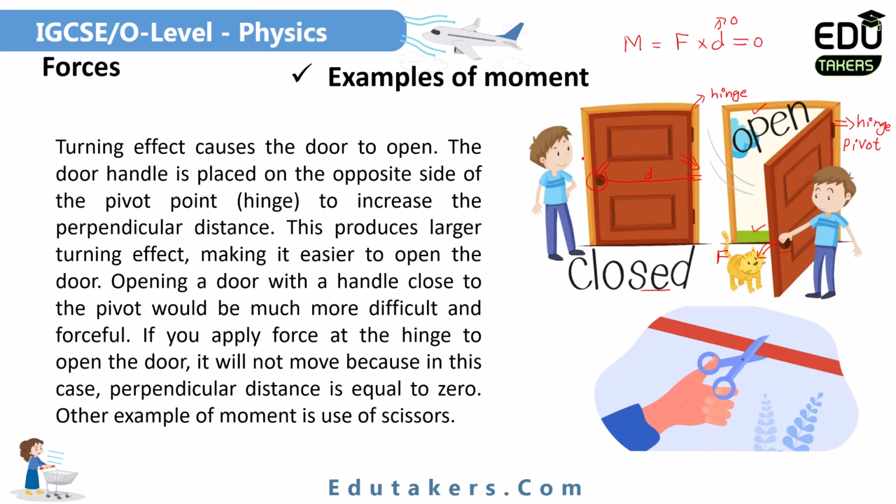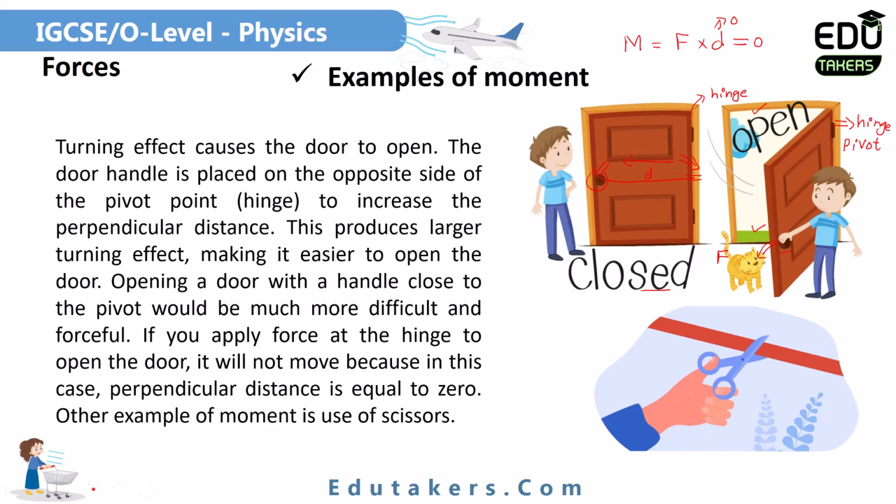So I can simply say here, the moment is 0. It is because you are applying the force at the pivot point, the perpendicular distance is 0. But when you apply the force towards the handle, by increasing the perpendicular distance, the moment of the force increases.